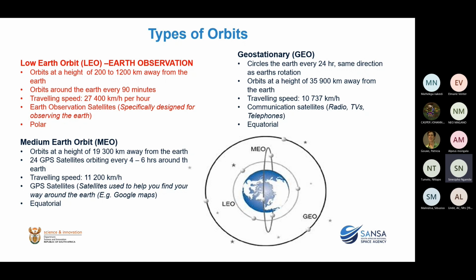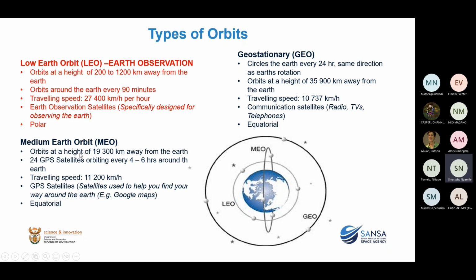This satellite is about 36,000 kilometers away from the Earth's surface. It enables us to communicate, watch television, listen to the radio, call people, etc. Another one that you may not know that you use is the medium Earth orbit satellite.